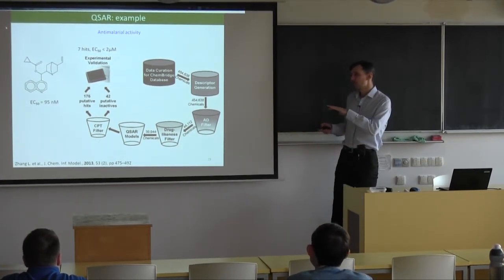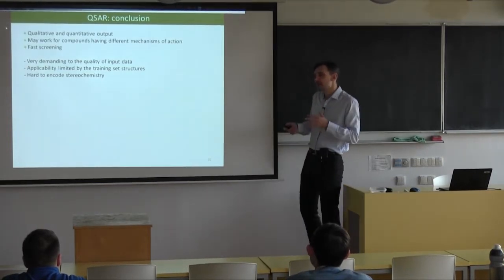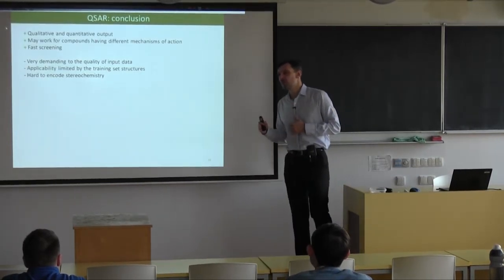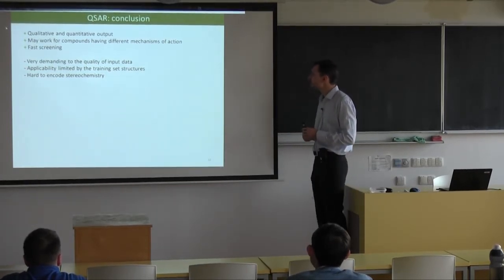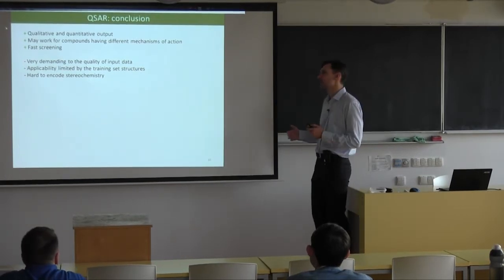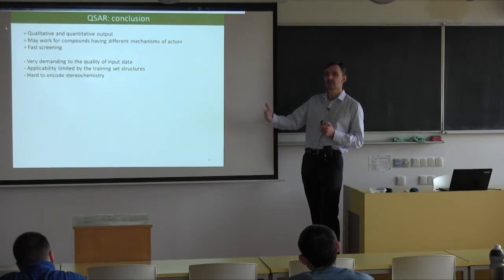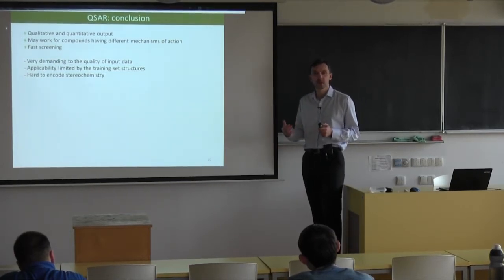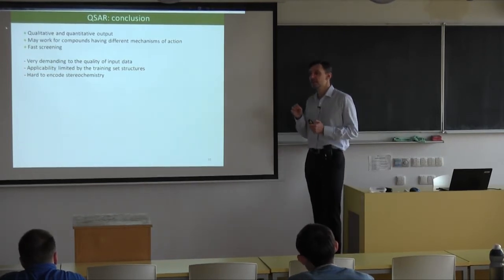QSAR models are also quite fast, as I said, so they can screen millions of compounds as well, like a pharmacophore screening. It can produce not only qualitative output like pharmacophore, so it can be used not only to categorize compounds into actives and inactives. It can also be used to predict the exact value of activity of your compound.